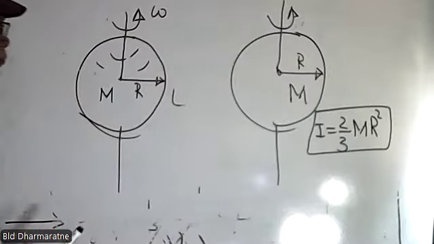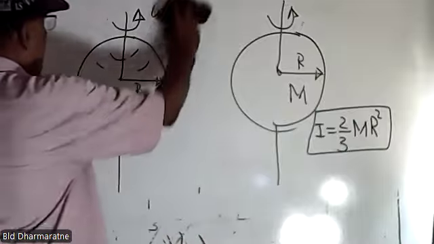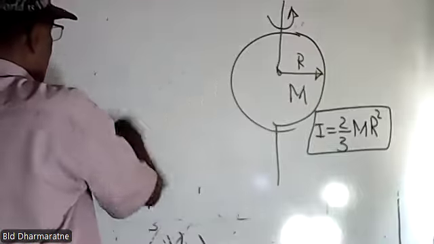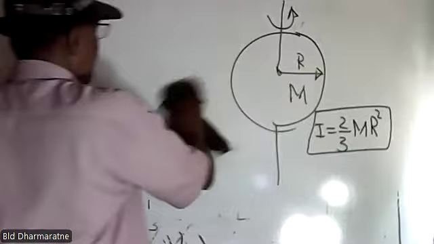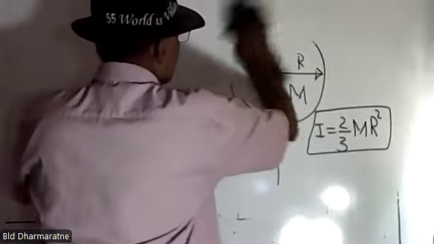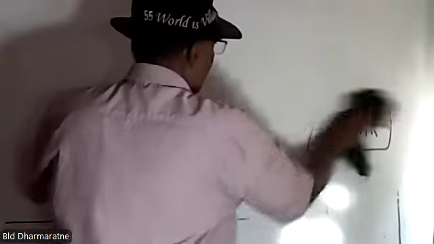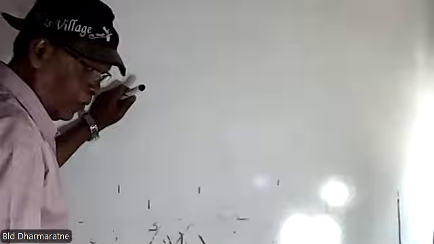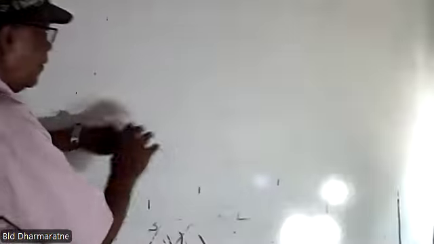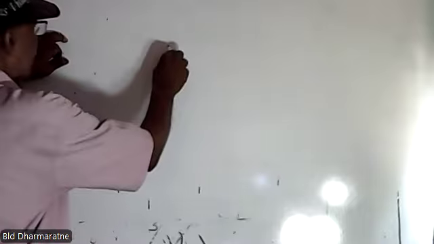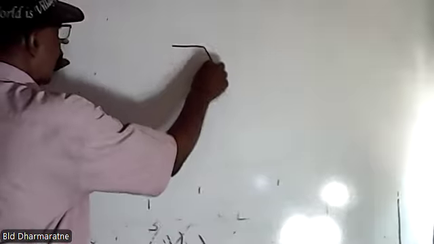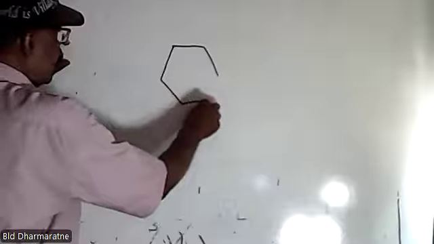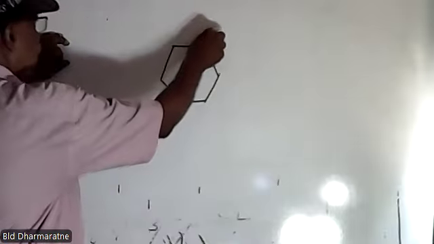Now, finally, we are coming to the torque. We know moment, and torque. Actually, what is the difference between moment and torque? We take a hexagonal nut, like this, and we put the spanner here.